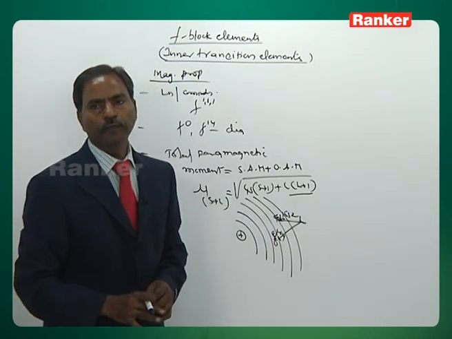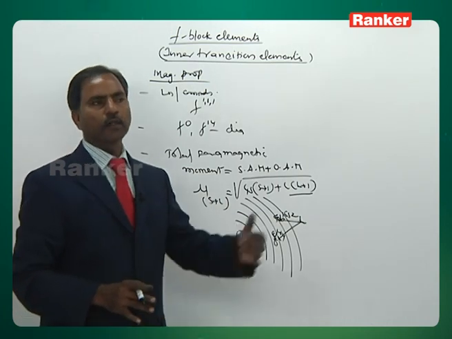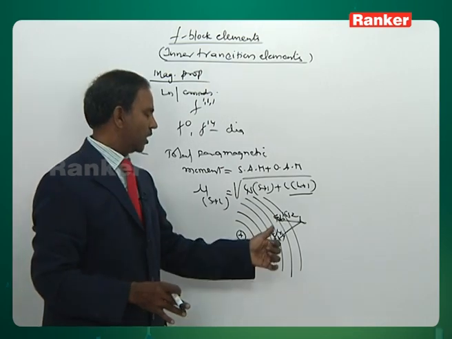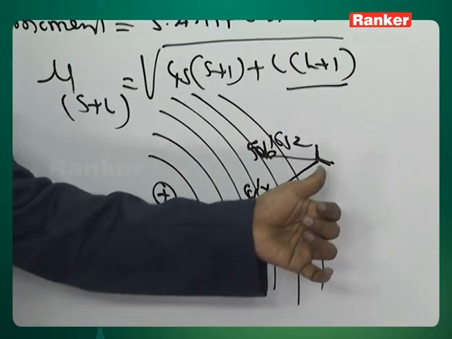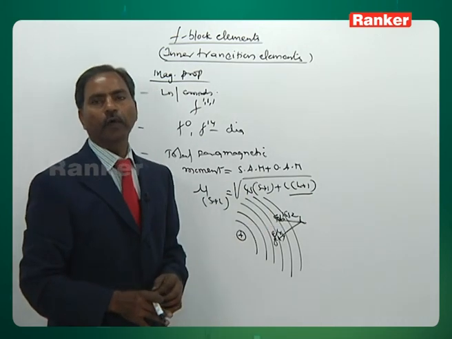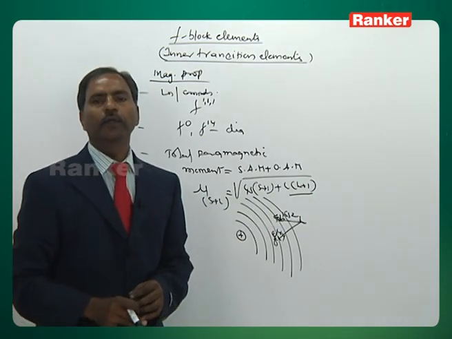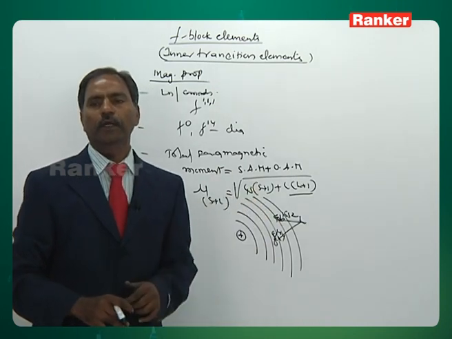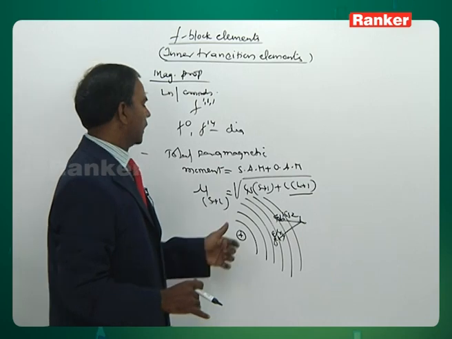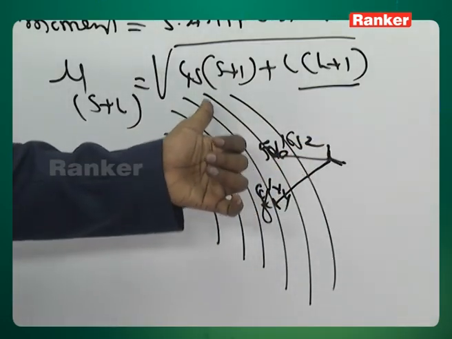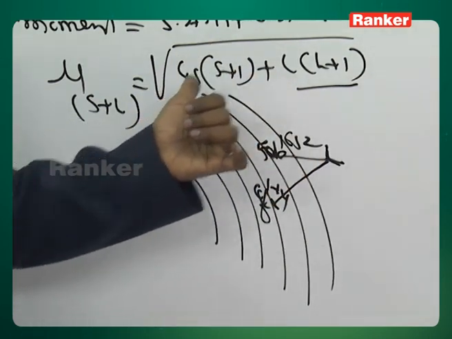But in lanthanides or f block elements, the orbital angular moment is not quenched by the ligand fields because f orbitals are deeply seated, not affected by the ligand fields. Therefore, the total equation must be applied to calculate the total paramagnetic moment of lanthanides.